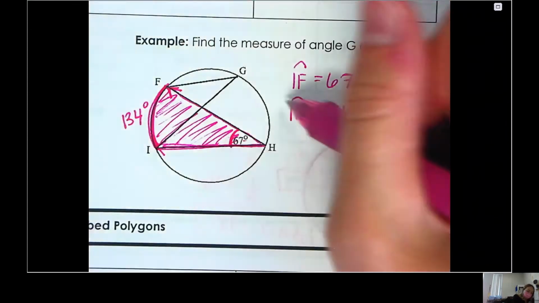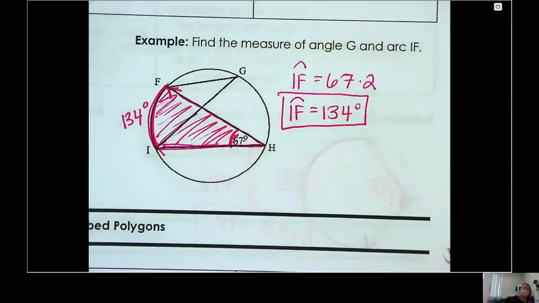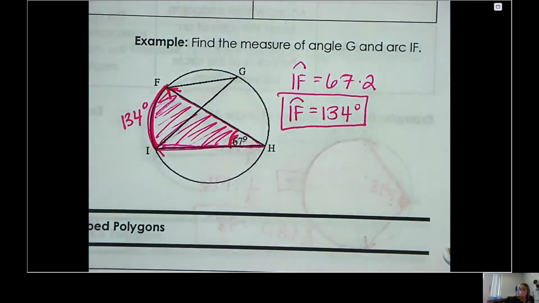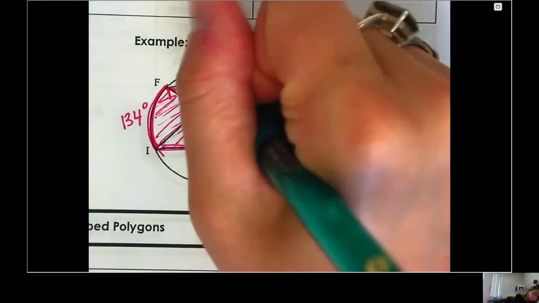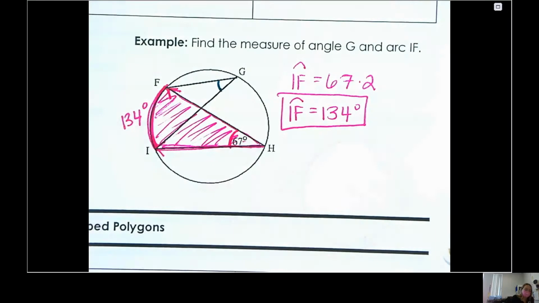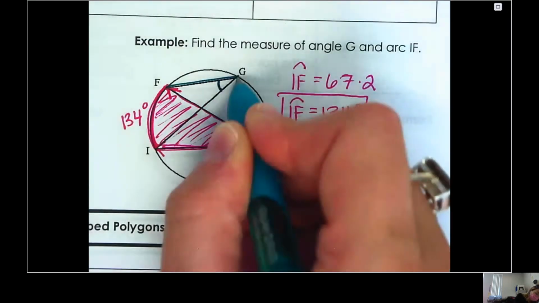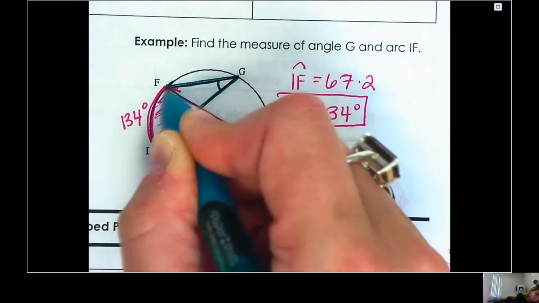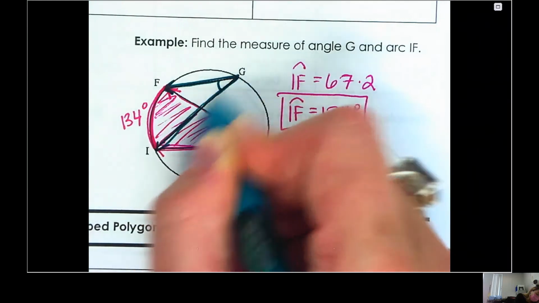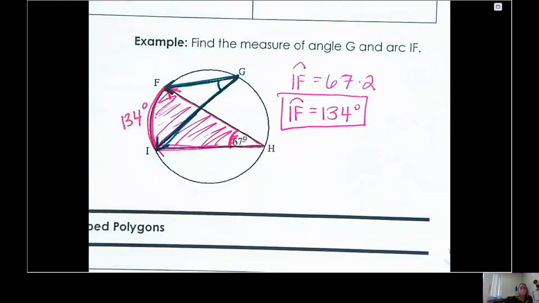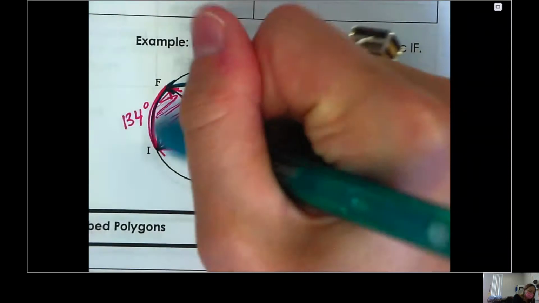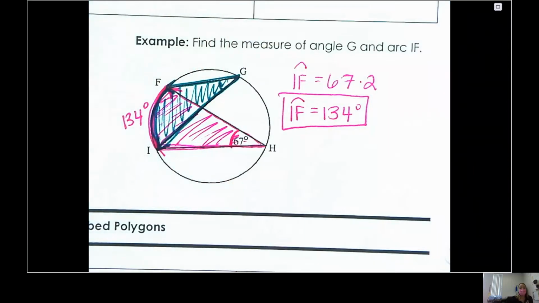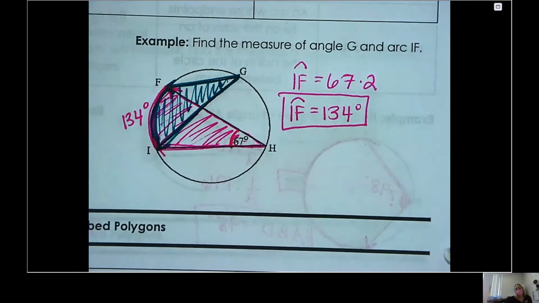Great, that's one part. The other thing it asks me for is angle G. So here's angle G. What does angle G open up to? Which arc? FI, the exact same one. It also opens up to 134 degrees. What does that mean that angle has to be?